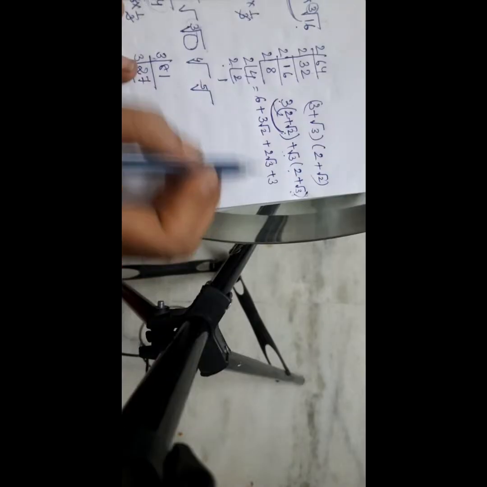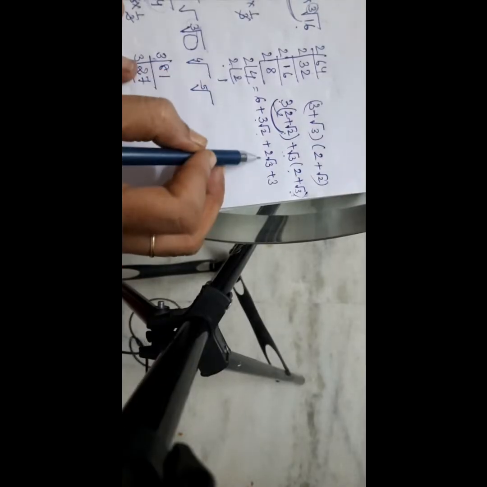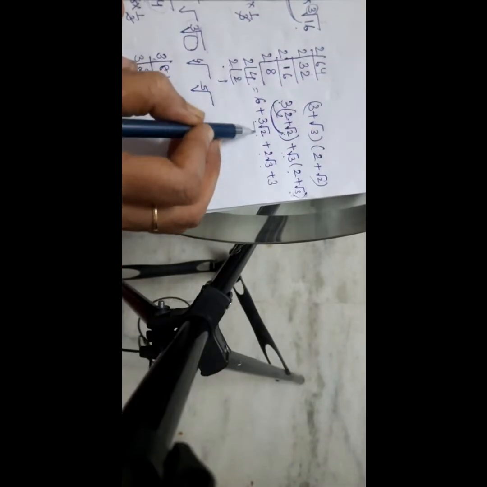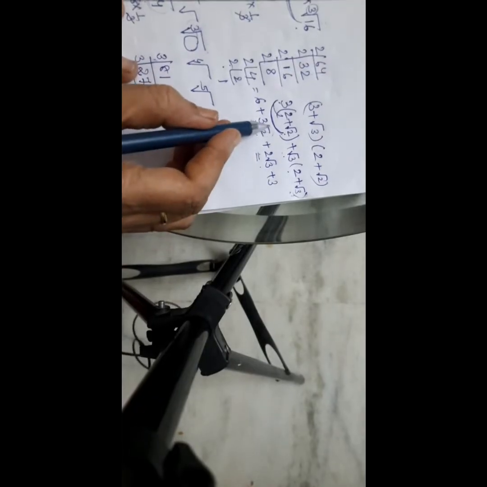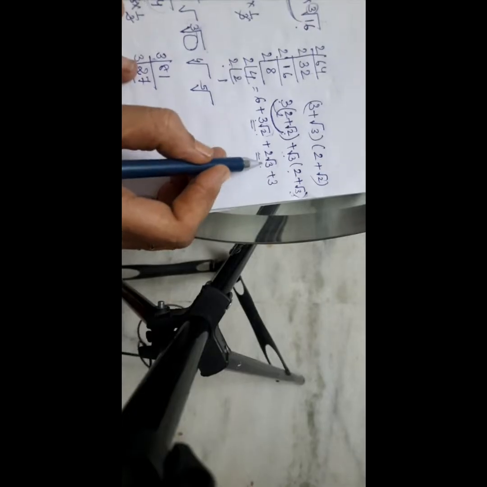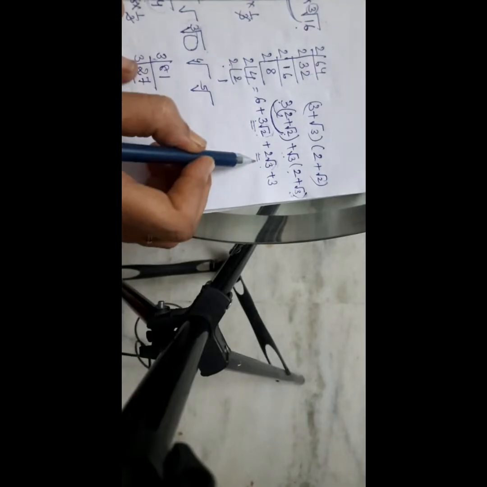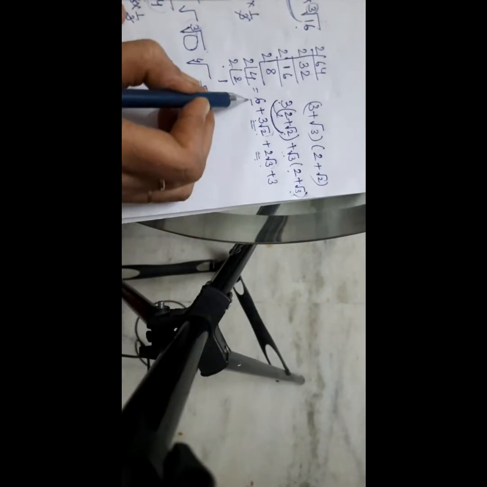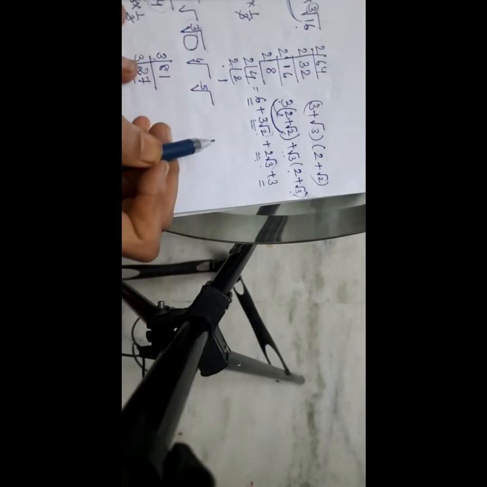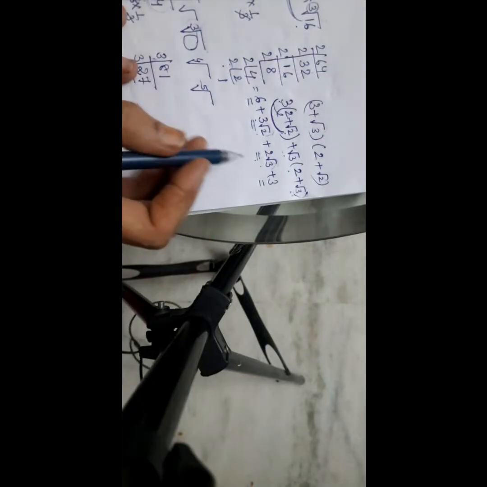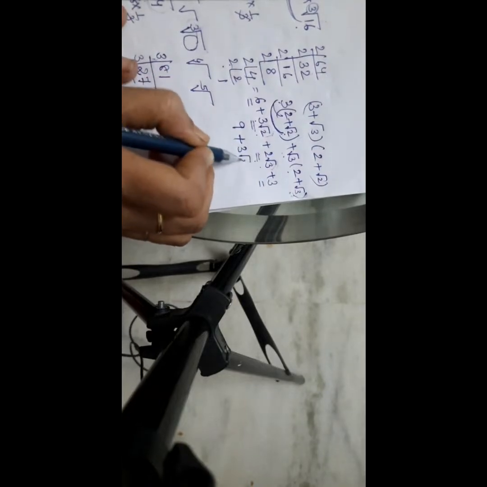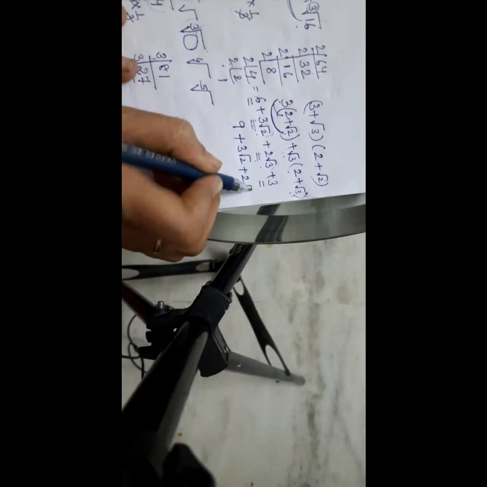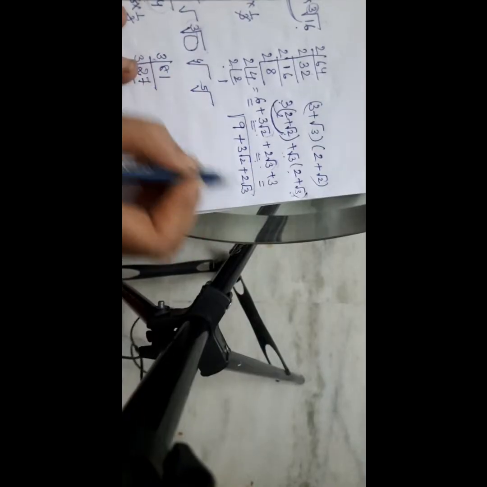Out of all these, this is 3 root 2 and this is 2 root 3. Again, both are different numbers, so we cannot add them. The root parts must be the same, then only they can be added. Here 6 and 3 are there, and 6 plus 3 is 9. So 9 plus 3 root 2 plus 2 root 3 is the final answer.